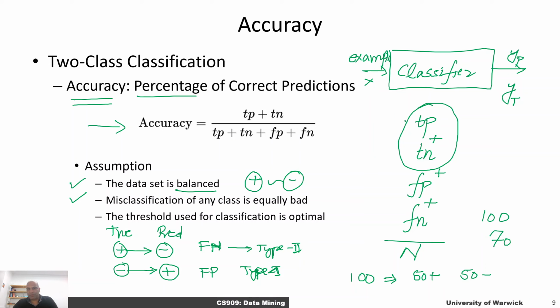But in other cases, for example if you're solving a diagnostic problem, and a person has a condition but the classifier misses that, that is, predicts that they do not have that condition, that can have some serious ramifications.